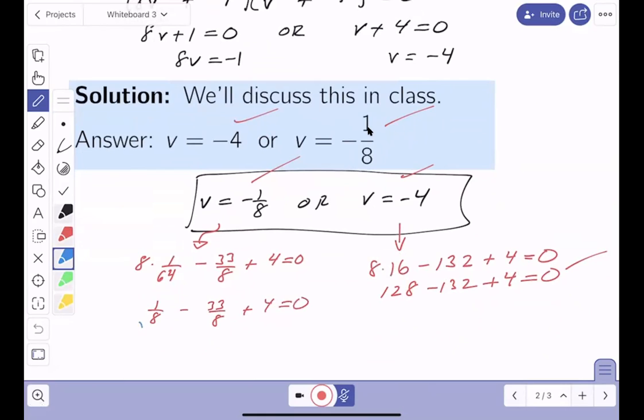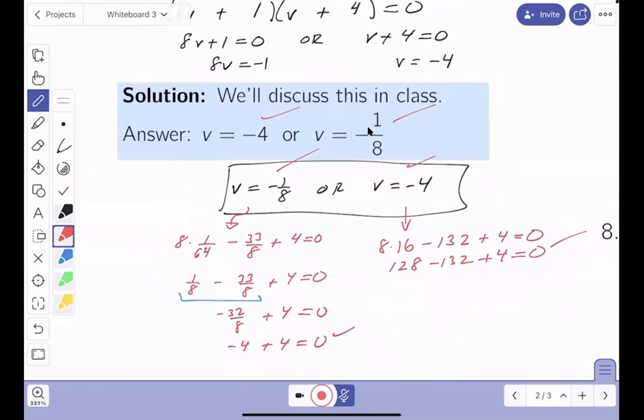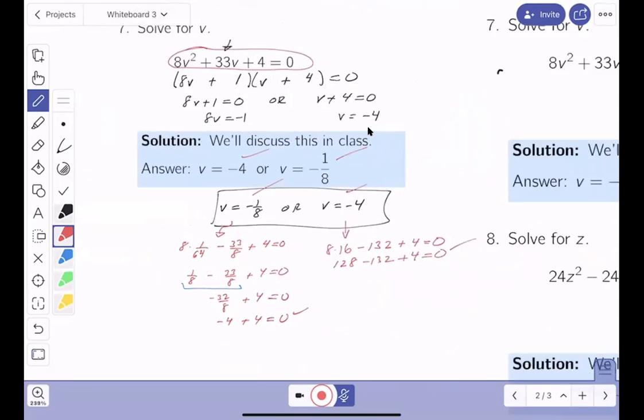Now, if you combine these two together, what do you get? Minus 32/8. I'll write that down for you. Plus 4. What's minus 32/8? Minus 4. Certainly equals 0. Everything's working out fine, as advertised, by the way. We tell you these things are going to work. They're really going to work.